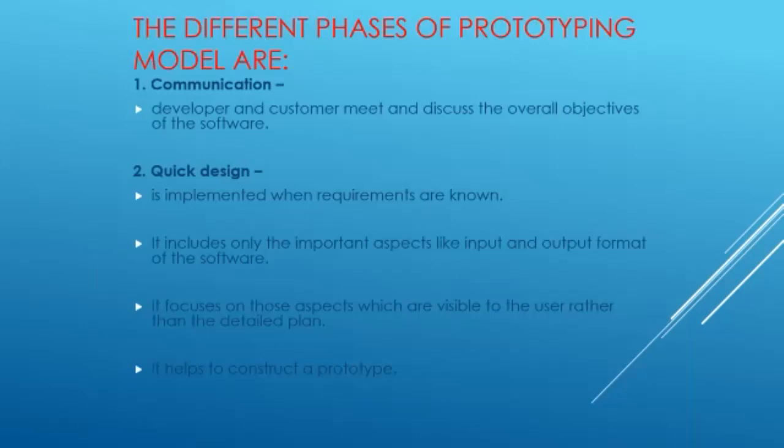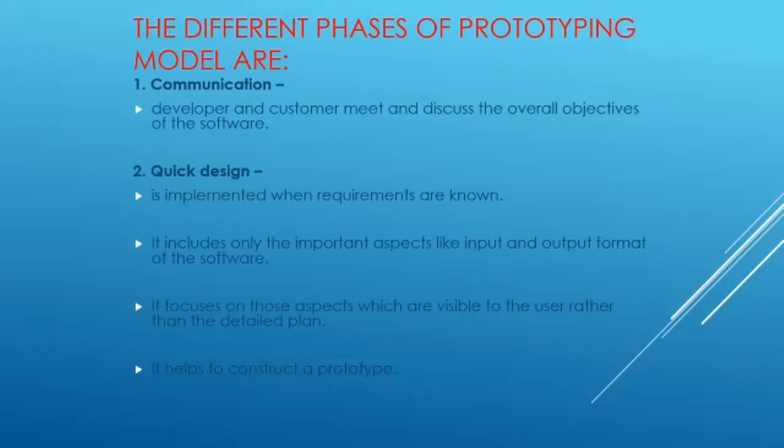The different phases of these prototyping models are: number 1, communication. Developer and customer meet and discuss the overall objectives of the software. This communication phase is important because developer and customer meet and discuss the overall objectives.